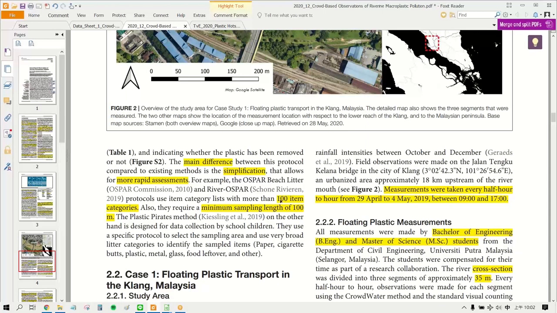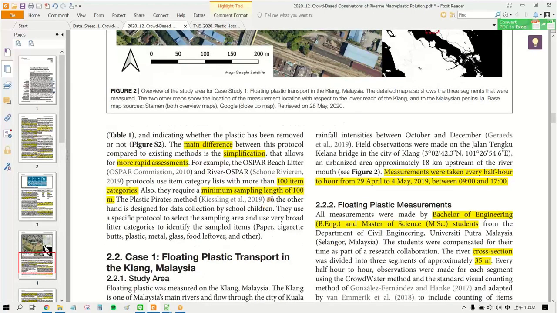It's 100 item categories, and they also require a minimum sampling length of 100 meters. So it's very time consuming compared to the mobile app, and it's not suitable for general volunteers.